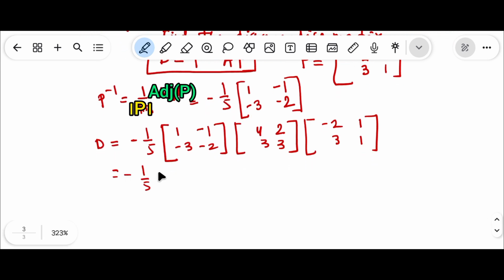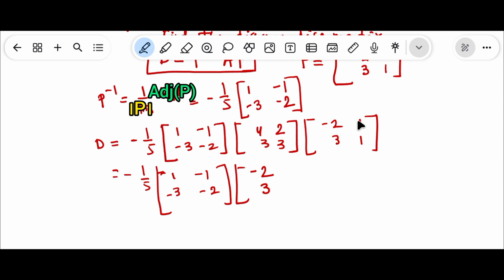Minus 1 by 5, 1 minus 1 minus 3 minus 2. Then I am multiplying the first row with the first column, therefore this is minus 8 plus 6, that is minus 2. Then this is minus 6 and 9, that is 3. Then 1 1 we have, so 4 plus 2, that is 6, and 3 plus 3, that is also 6.